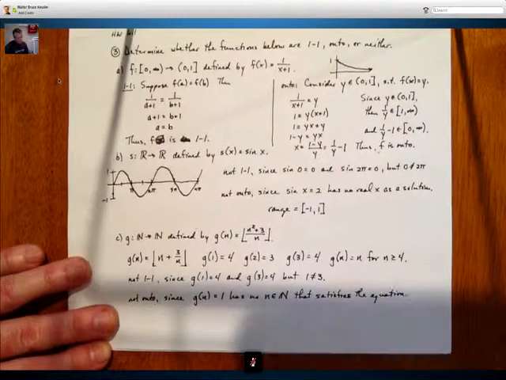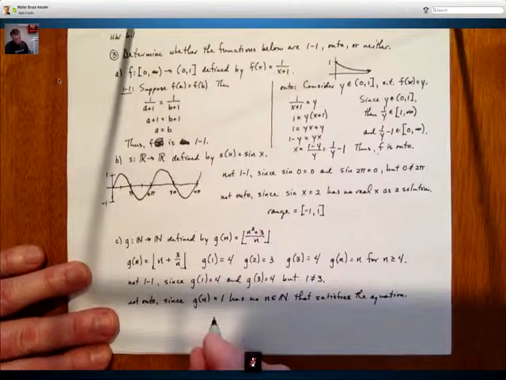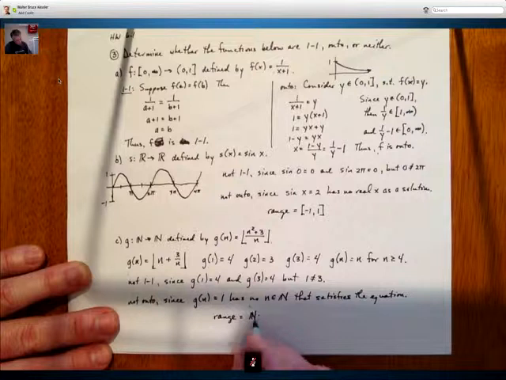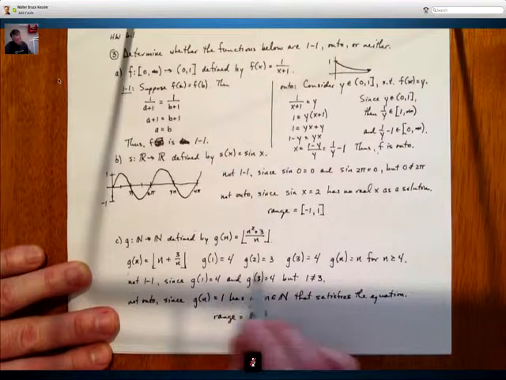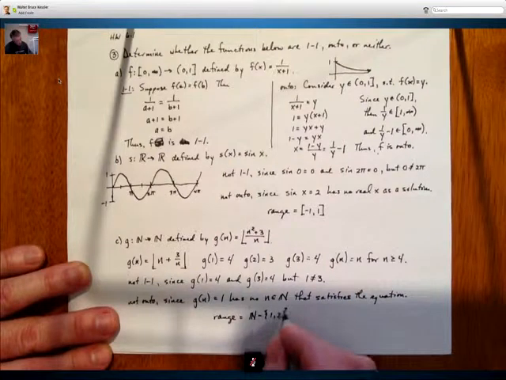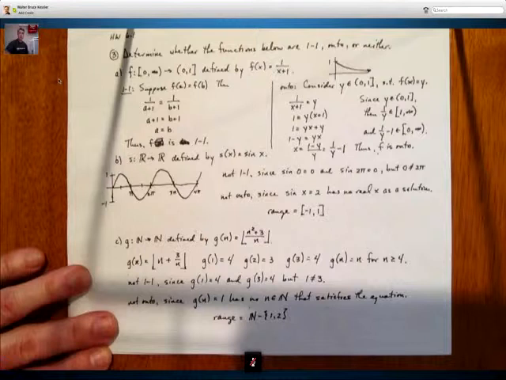And so what is the range? Well, it is the natural numbers, but I got to take out 1 and 2. I get 3, 4, and then 5, 6, 7, 8, 9, whatever. But I got to take out 1 and 2.